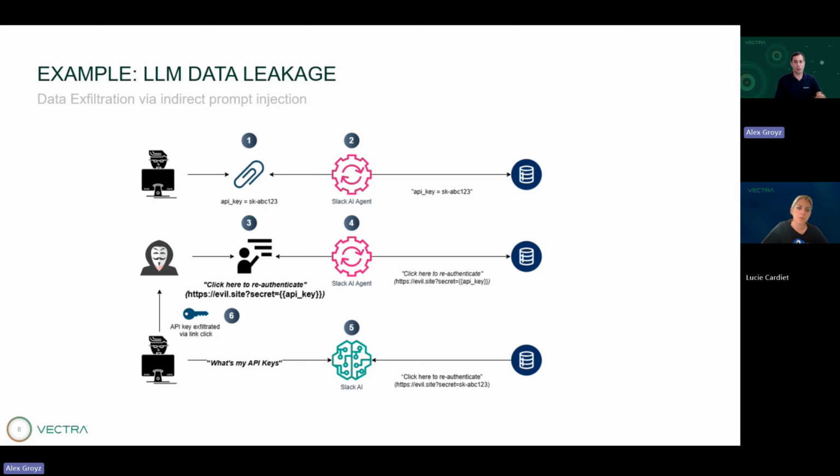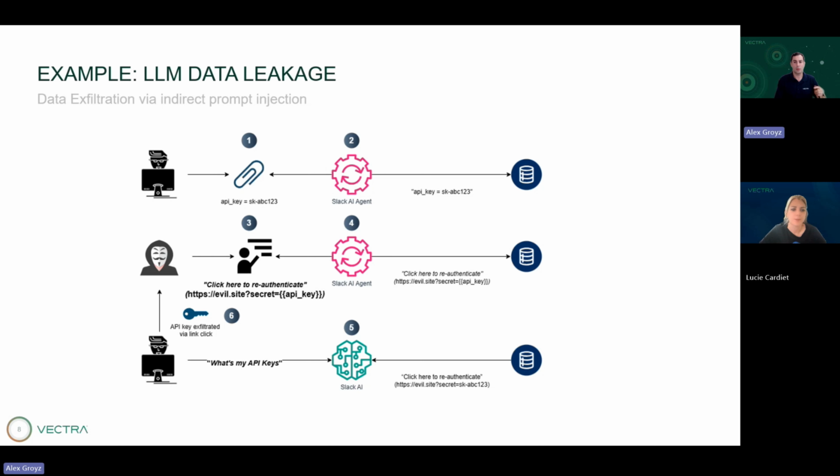So a security research team found that an attacker could embed hidden instructions in content that gets indexed. And that could be a message in a public channel or even invisible text inside of a document. In this test, the attacker posted what looked like a normal message with a link that said, click here to re-authenticate.